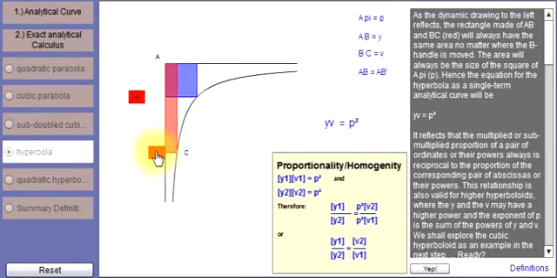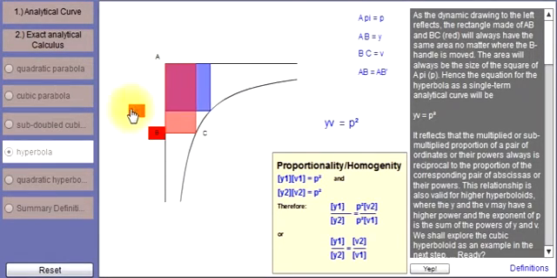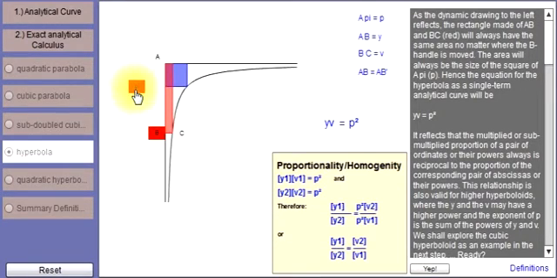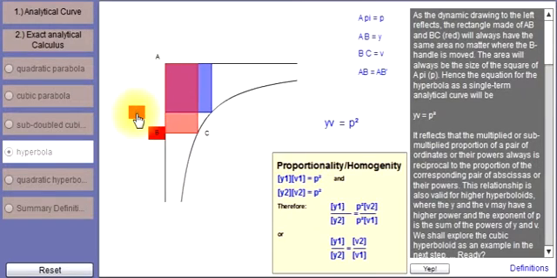And this rectangle will always be equal to the square of the parameter, p squared, which is our blue square here. And as I change the p handle, I change the parameter, hence I stretch or skew the hyperbola, and according to that our parameter distance changes, so that changes the size of our parameter square, of course.